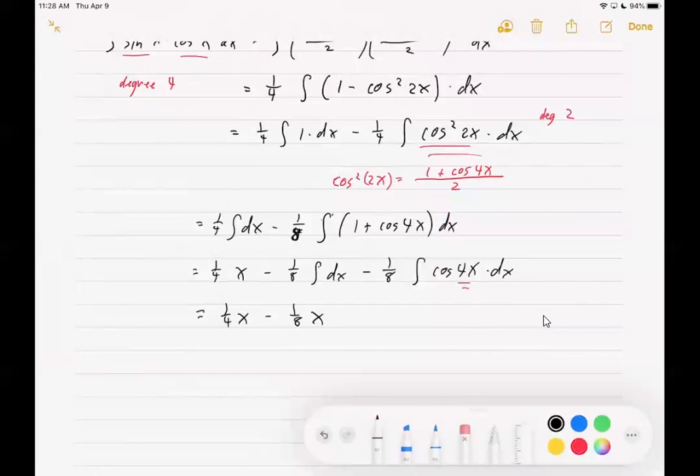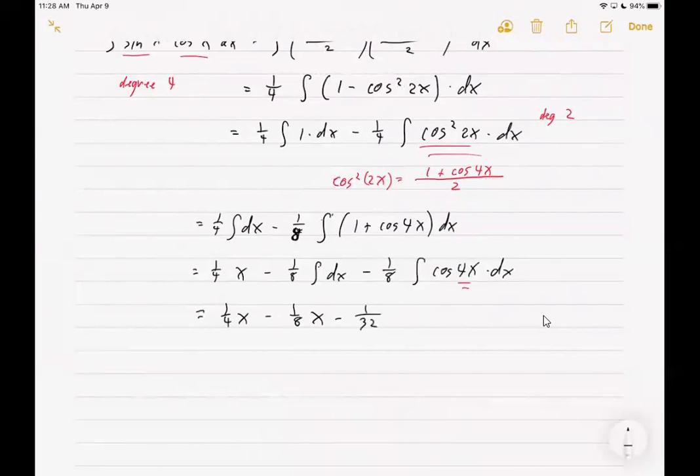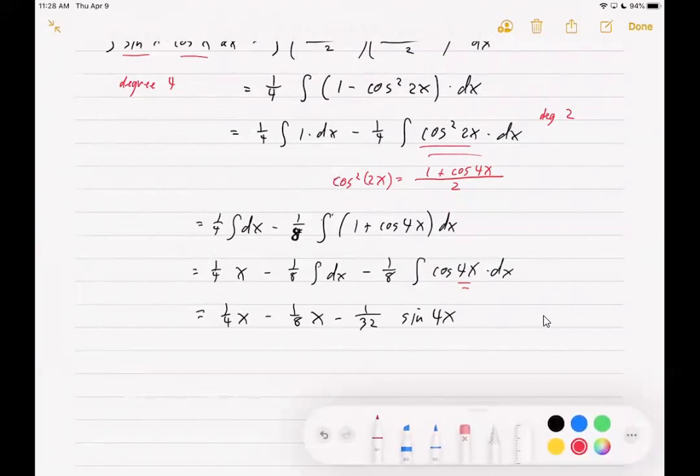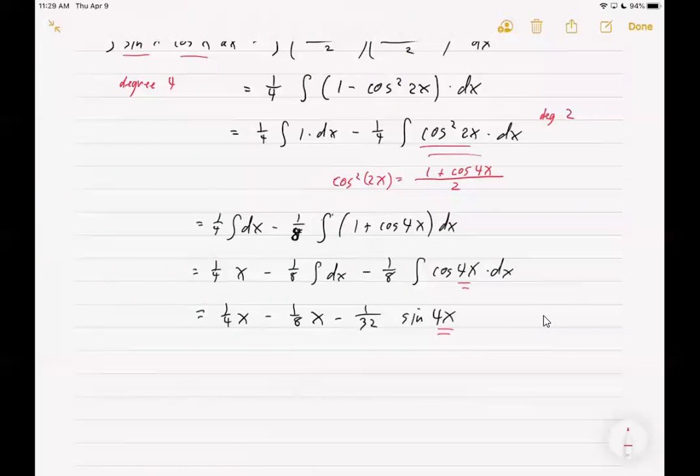So we end up with minus 1/32. The antiderivative of a cosine is a sine of 4x. So quick chain, because the antiderivative is sine of 4x, and we're integrating, we need an extra factor of 1/4 in front of that to make it work. And we tack on our plus c, all right?